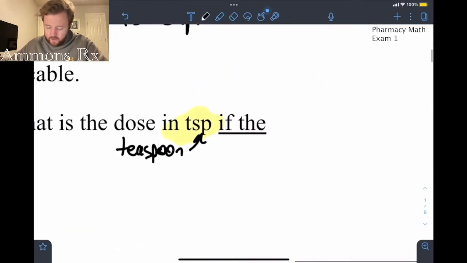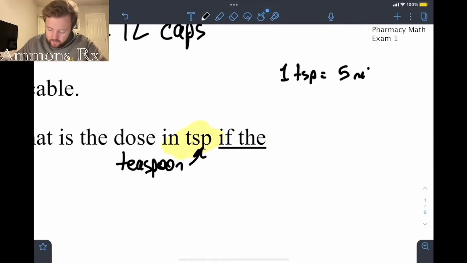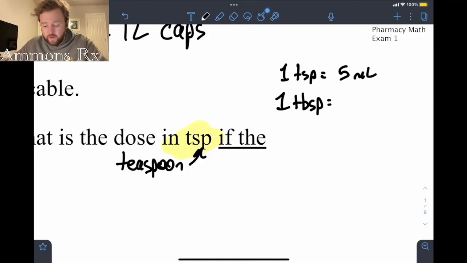So off the top of your head, you should know that 1 teaspoon is equal to 5 mils. And we have another one that sounds like it, which is a tablespoon. Tablespoons are bigger. They take 3 teaspoons. So what's 5 times 3? 15. So you can see the relationship there is 3 to 1, right? There are 3 teaspoons in 1 tablespoon.